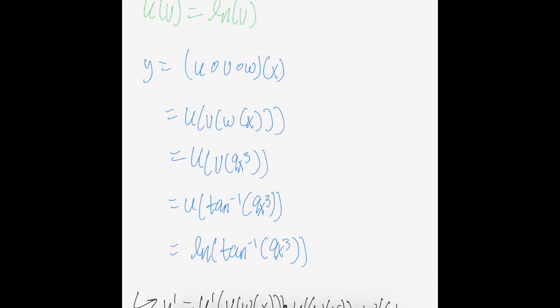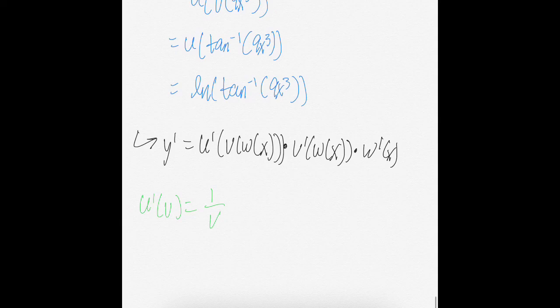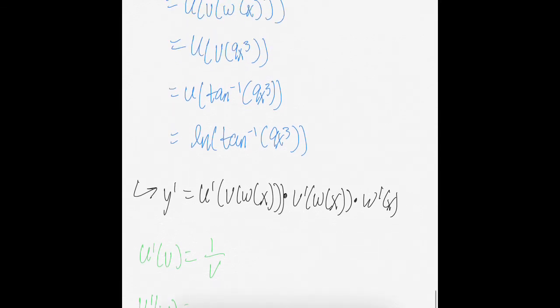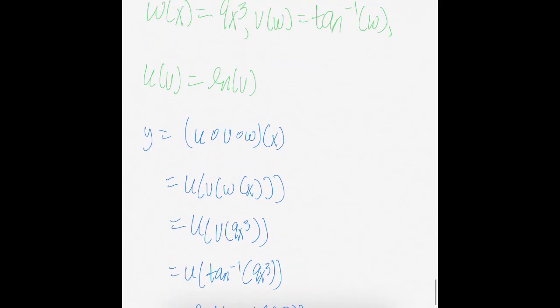So u prime of v, let's see, u of v is ln of v. So remember the derivative of the natural log just says do 1 over the inside. So 1 over v. V prime of w, well, v of w is arctangent. Ooh, okay. So let's remind ourselves what that derivative is. The derivative of arctangent of x, this is one that comes up quite a bit in Calc 2 actually, is 1 over 1 plus x squared.